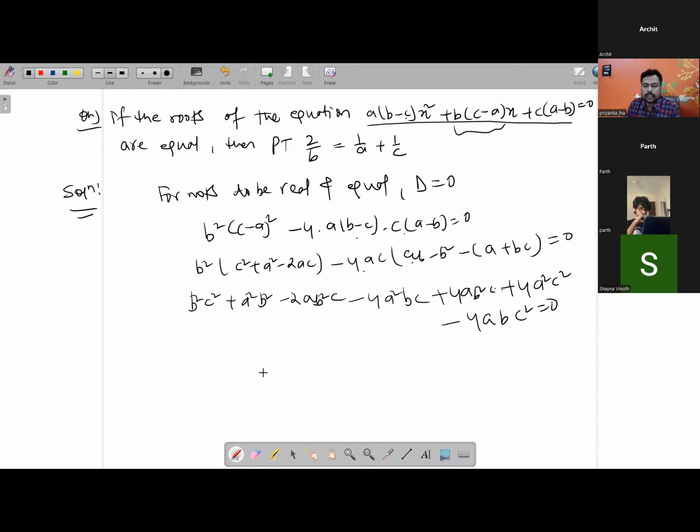Now do one thing. Now you can see this is kind of a square form. Rewrite this: a square b square plus b square c square, and this will be as it is, 2ac whole square.